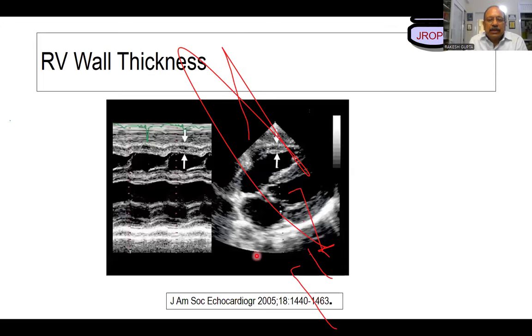Next, going on to right wall thickness. Right wall thickness is measured from the subcostal window. We look at the RV free wall.